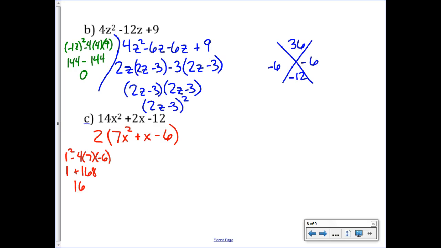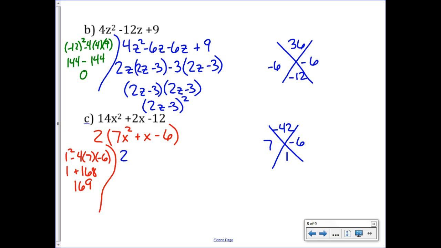So 169, that is a perfect square. So, let's see what we can factor out of here. So I need two numbers that multiply to negative 42 and add up to a positive 1. Well, immediately 7 and negative 6 come to mind.